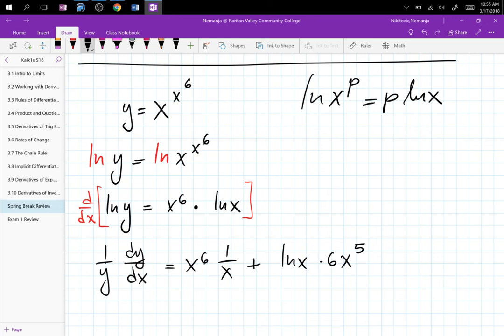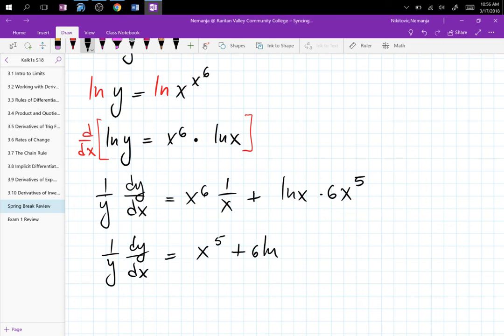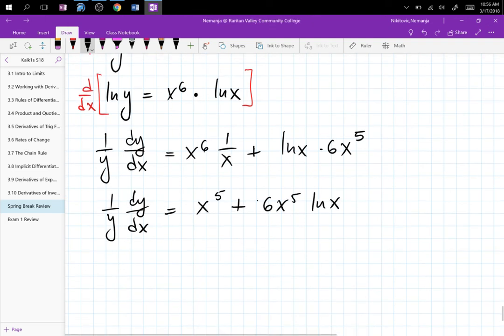Now, some stuff cancels, some stuff survives. So we have now x to the 5 plus ln 6, and let's just fix this, 6x to the 5 ln x. And now, I hope you see that x to the 5 is common. So you push y to the other side.